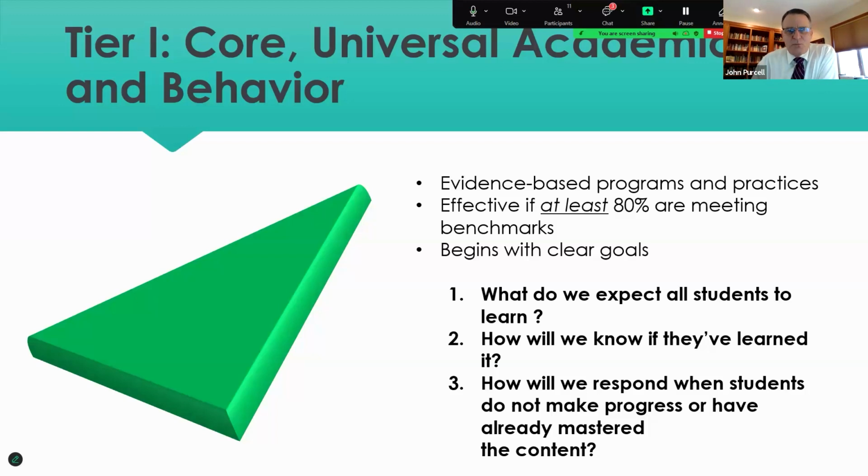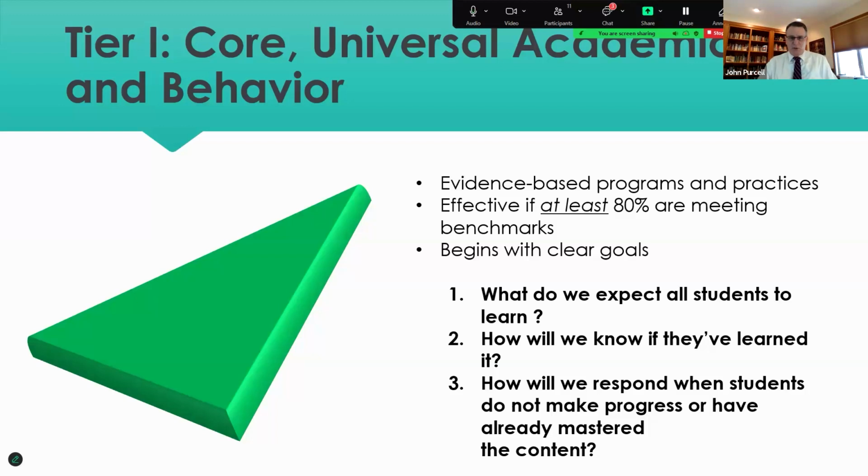And then how will we respond when students do not make the progress, or if they've already made the progress? A lot of times our high ability students are left out. So we want to make sure that we are clear on what we will do, how we will respond. Again, Tier 1 or MTSS is a prevention or proactive model, not a reactive model, but it is a responsive model.